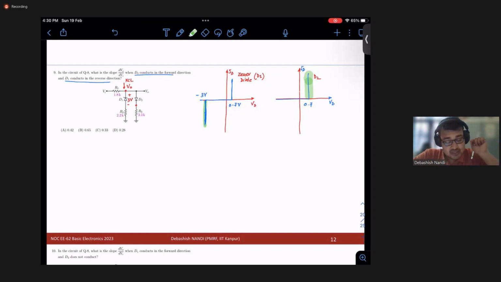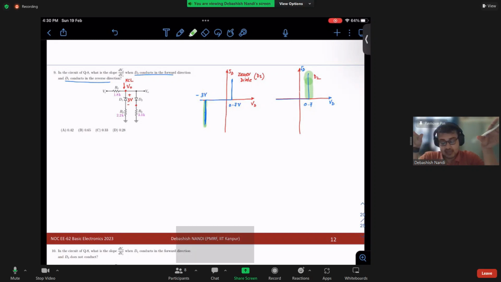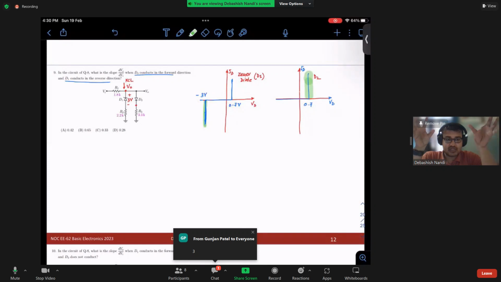If D1 is conducting, what is the voltage across D1? If the Zener is conducting in the reverse direction, what is the voltage across it?